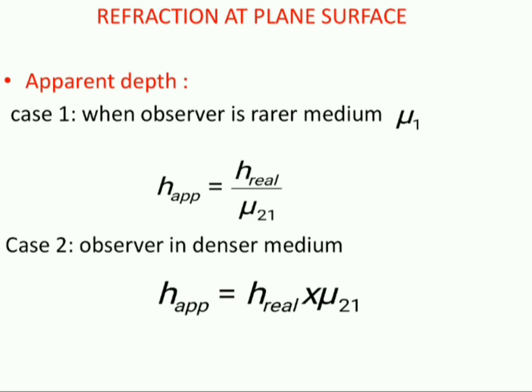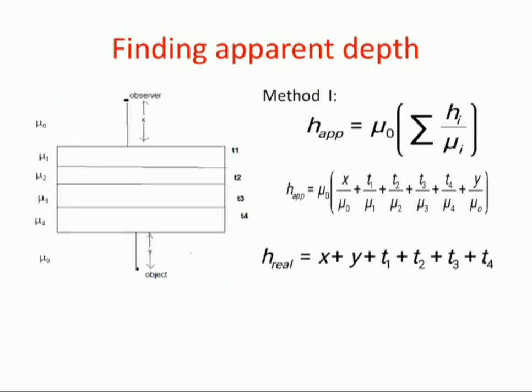When the observer is in the rarer medium, say if I take mu1 as the rarer medium, apparent depth is equal to real depth by mu21. Whereas if observer is in denser medium, say a fish is observing a bird, then apparent height is h real into mu21. So one is divided by mu21, another is multiplied with mu21. So based on this you get some applications.